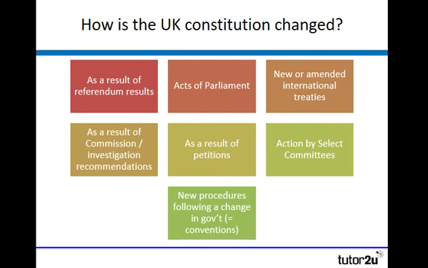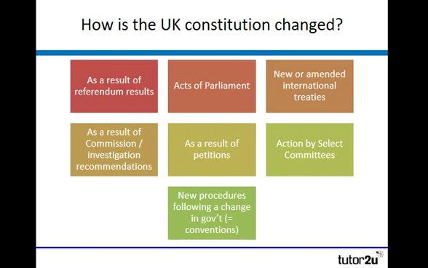Other possible ways of changing will be via new or amended international treaties, perhaps the result of a commission or an investigation leading to recommendations for how the government might work, possibly the result of petitions from the people to the government, perhaps to initiate a change or at least investigate the feasibility of a change. We could also see action by select committees.